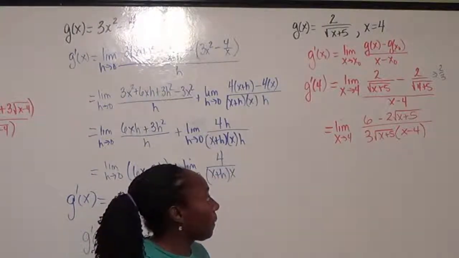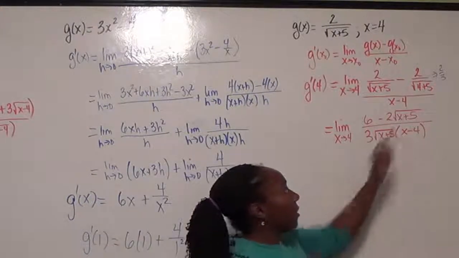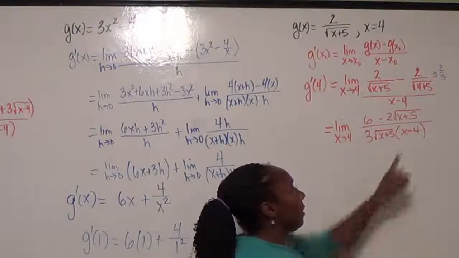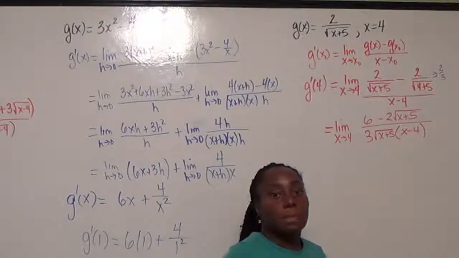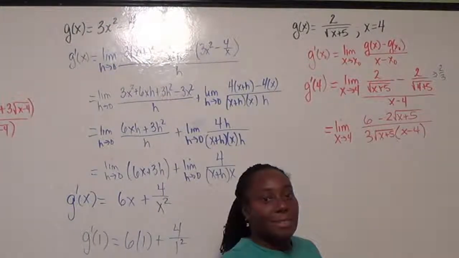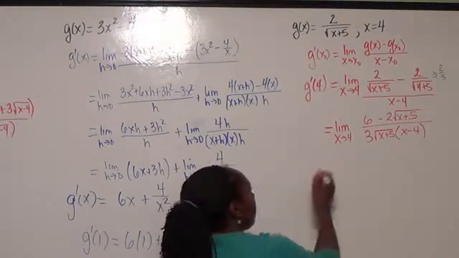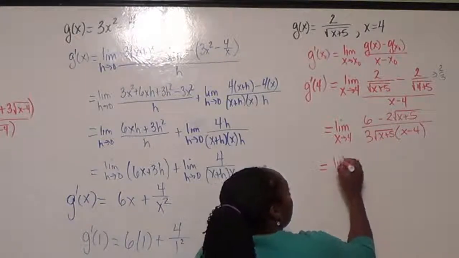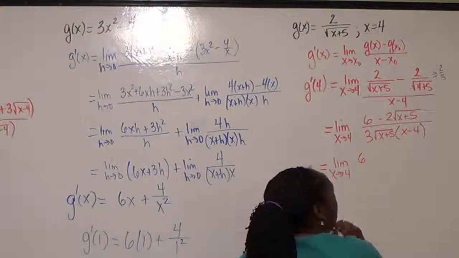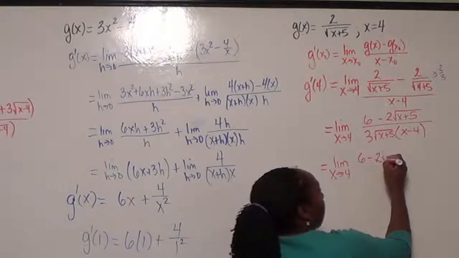Now again, just like before, I've got this root that I need to somehow deal with, because that x minus 4 isn't going to work there. And again, to combine terms, I need to somehow deal with that root. So just like previously, we're going to go ahead and multiply through by the conjugate.